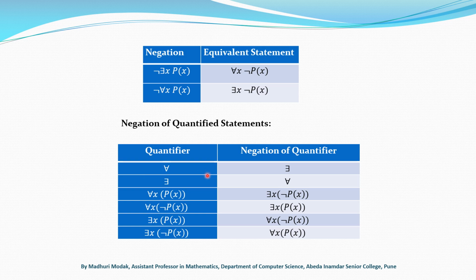For all, the negation of the quantifier is there exists. So negation of for all x P(x) is there exists x and negation of P(x). Similarly, negation of for all x negation P(x) is there exists x, and negation of negation is P(x), so there exists x P(x). The negation of there exists x P(x) is for all x negation P(x). Similarly, the negation of there exists x negation P(x) is for all x P(x).